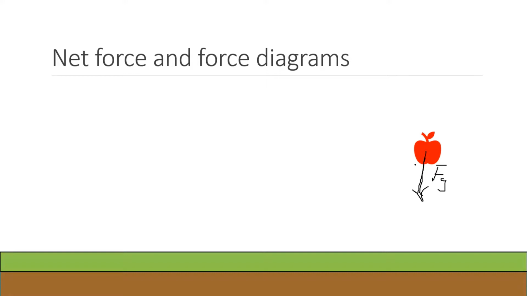But yeah, I just wanted to throw that out there, to say, hey, yes, this is an unbalanced force. F net, in this case, equals F of G. Even if you did want to be a nerd and add the air resistance, all that would do is you'd end up with F net equals F of G minus the air resistance force.